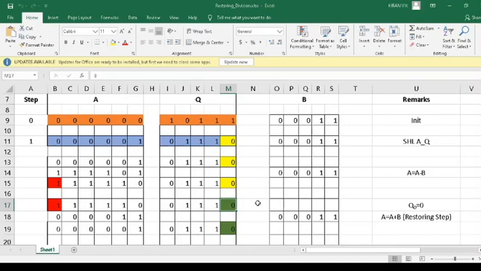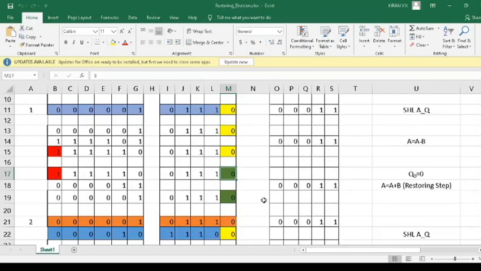Green field means that bit is confirmed in its role in the Q field. So it is now part of your quotient and it will take part in your subsequent iteration. That is how you fix the tentative quotient bit. So that part is done.